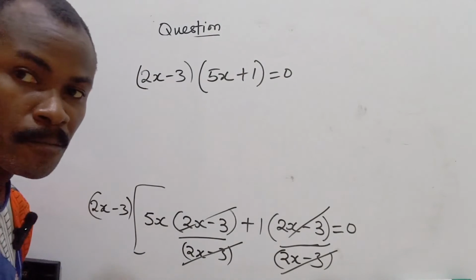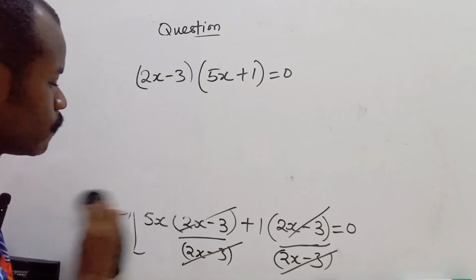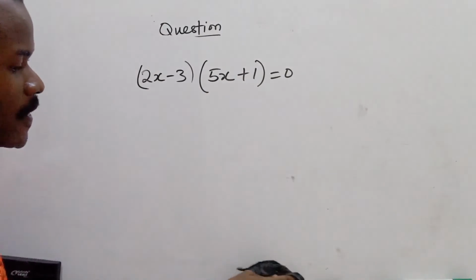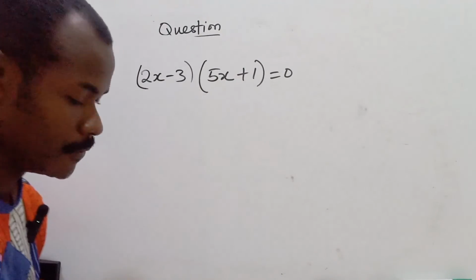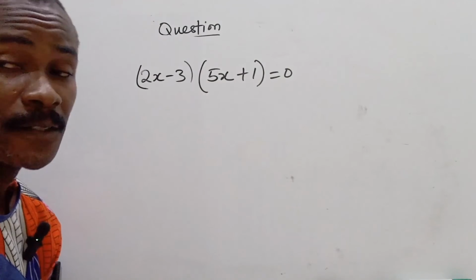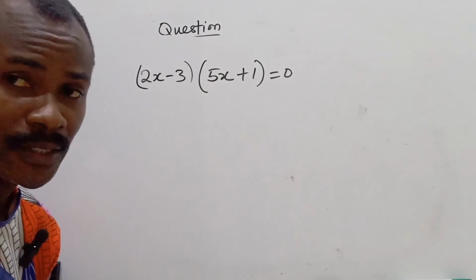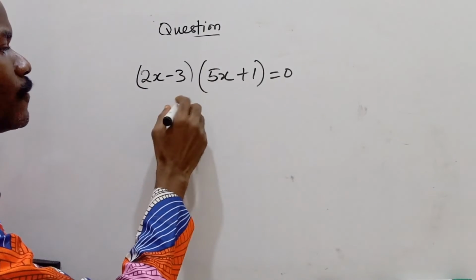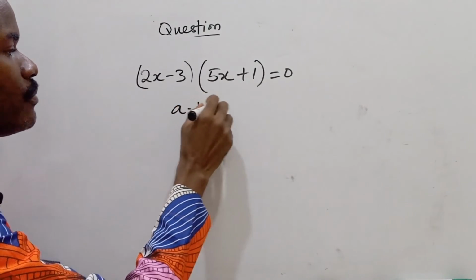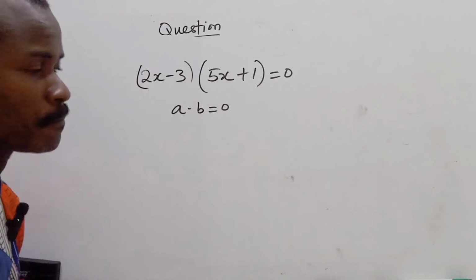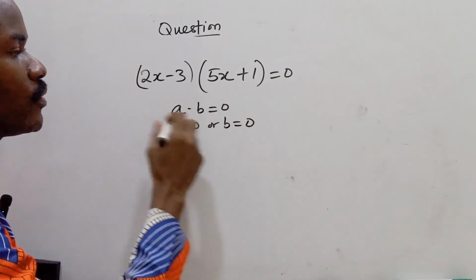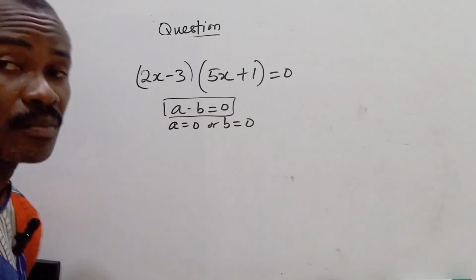Alright, so from this, we can now get the values of x that make the ratio undefined. So remember from this, we have a condition that a multiplied by b is equal to 0. So a has to be 0 or b has to be 0 for this condition to be satisfied.